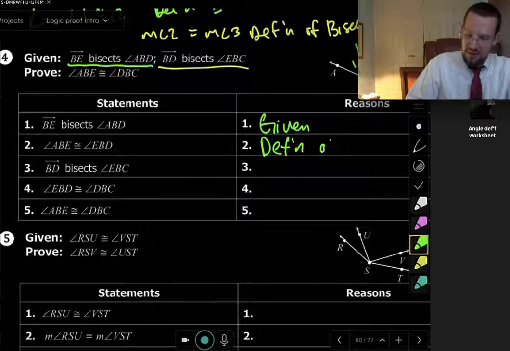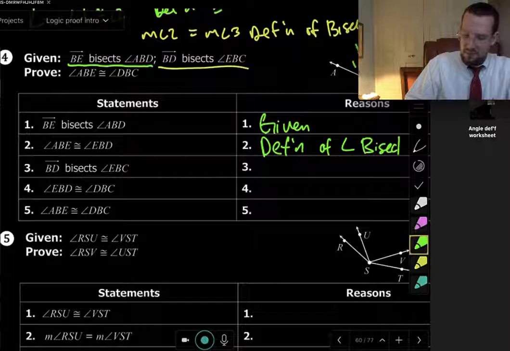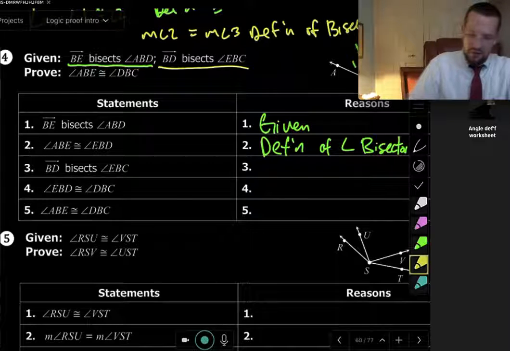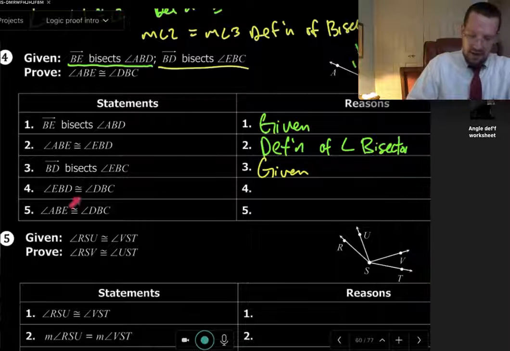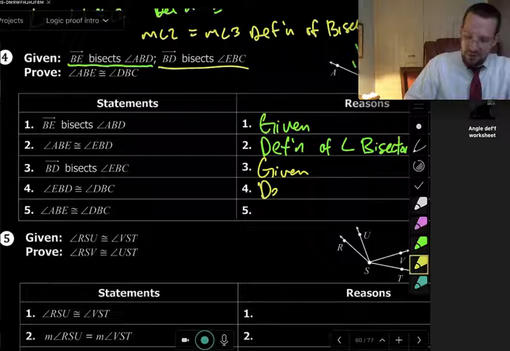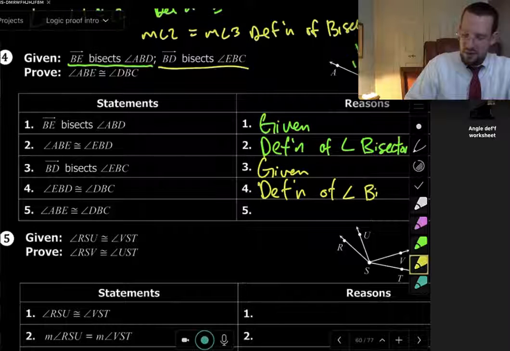That's the definition of an angle bisector. Okay, and let's look. So this is again some given information. EBD is congruent to DBC. Again, this is literally what the bisector is doing. It's making these two angles congruent. So that is what the bisector does.